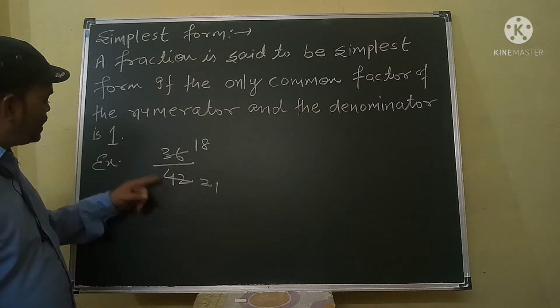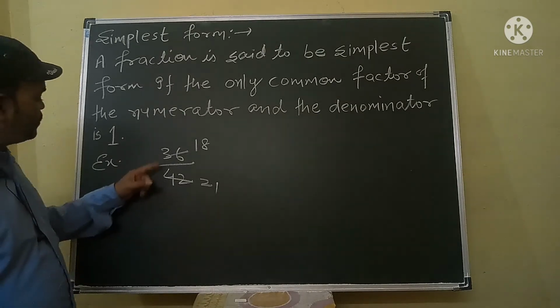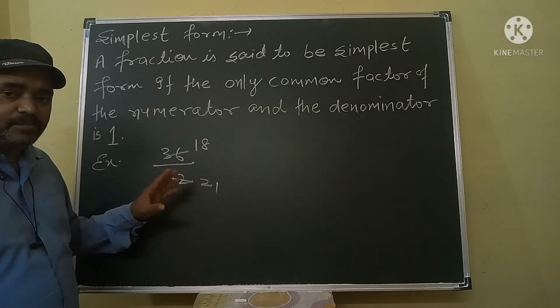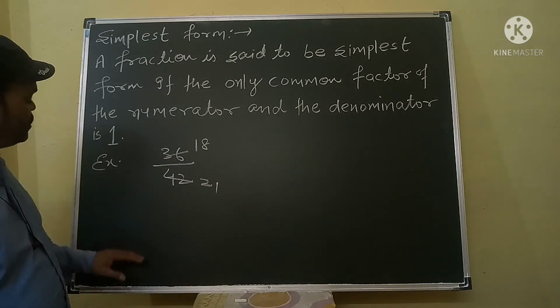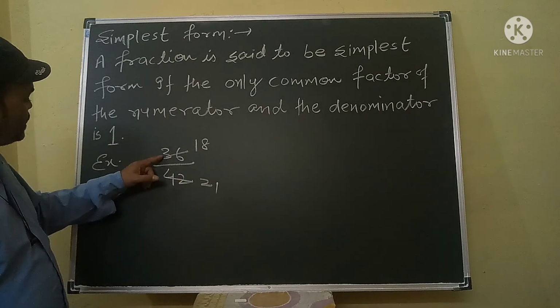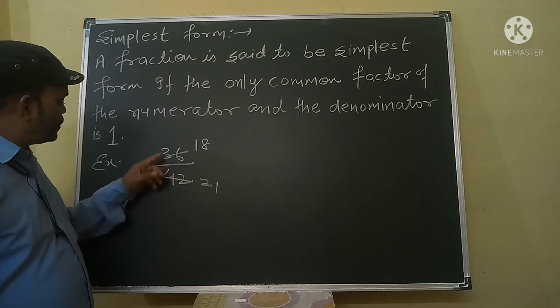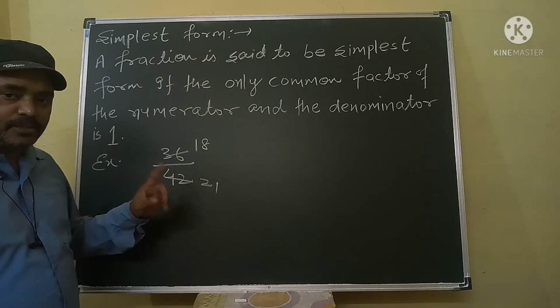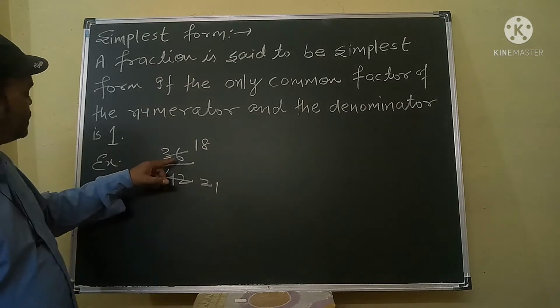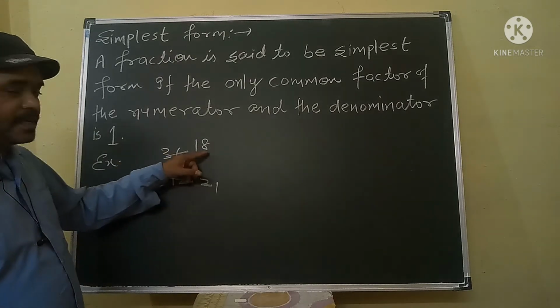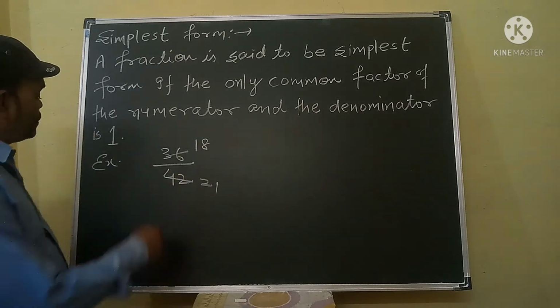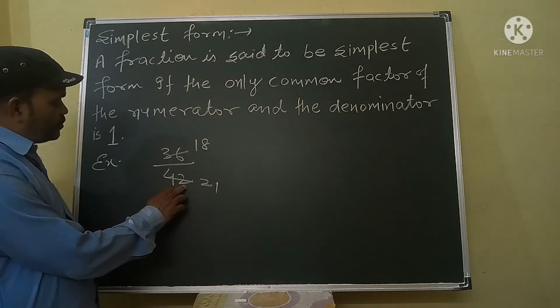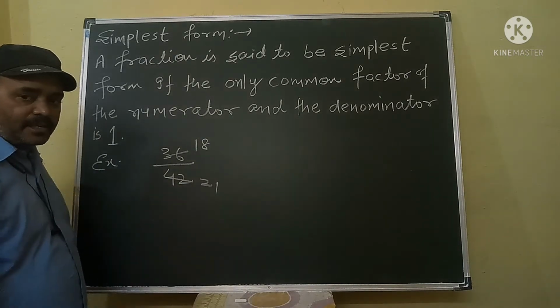As you are looking, this is 36 and this is 42. Both are divisible by 2. 36 divided by 2, you will get 18. 42 divided by 2, you will get 21.